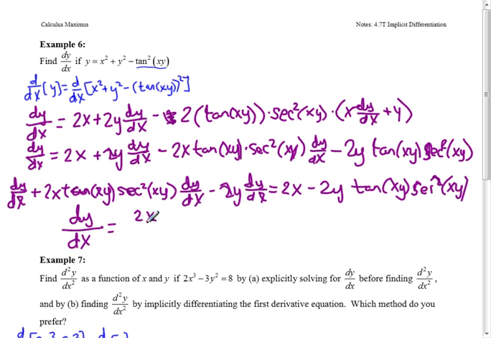Alright, so instead of writing that step, and because I'm running out of space, I'm going to just write the final step right here. 2y tangent xy. We didn't change anything on the right hand side.